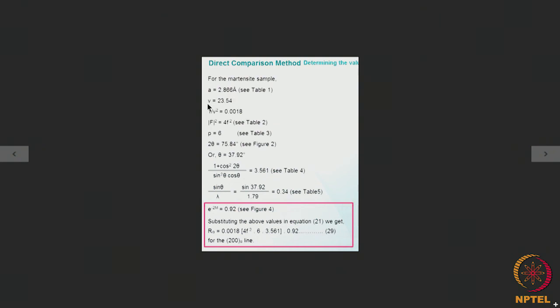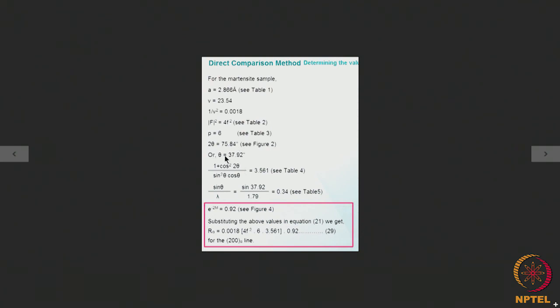So this is the value of volume V of the unit cell, 23.54. 1 by V square is 0.0018. Capital F square is 4f square, where f stands for the atomic scattering factor. For this type of plane, the multiplicity factor is 6 from the table, and for this line 2 theta is 75.84 degree, so theta is this much.